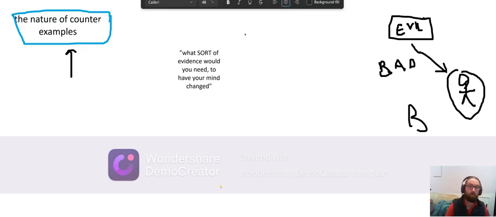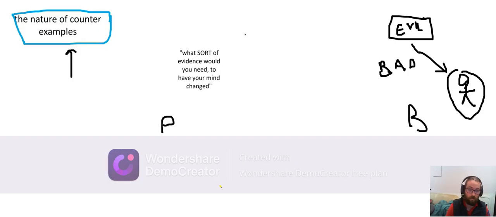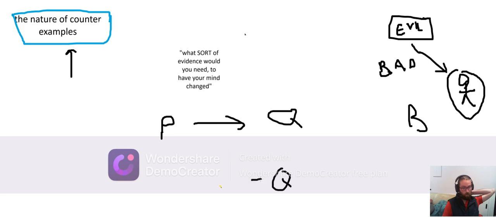Because remember, they think that P implies Q. So ask them, what sort of evidence would you need to have your mind changed? Basically, if I can prove that Q hasn't happened, then P can't have happened. This is my counterexample.